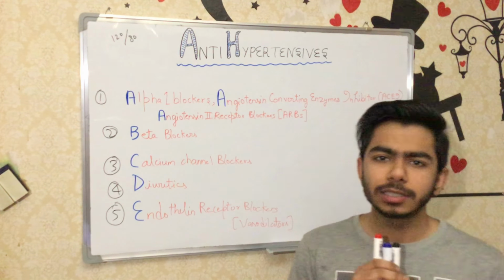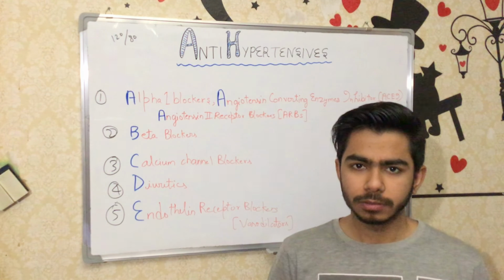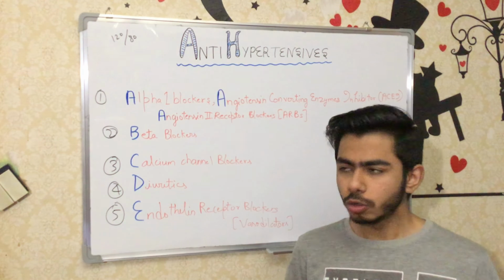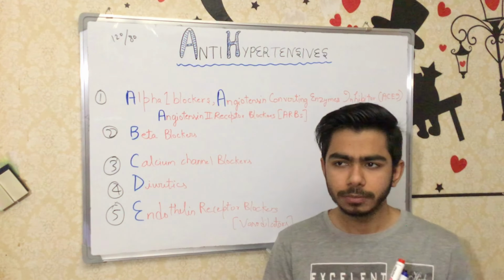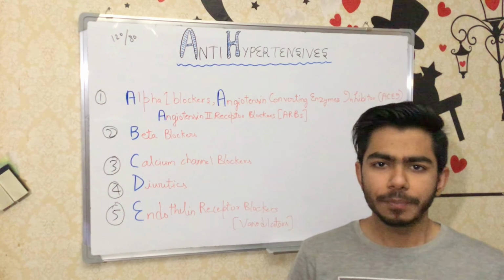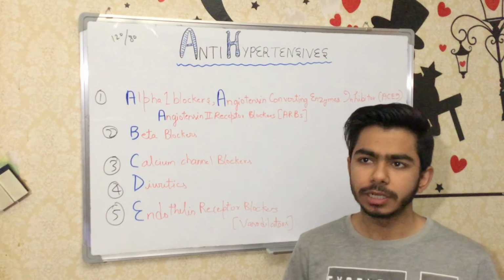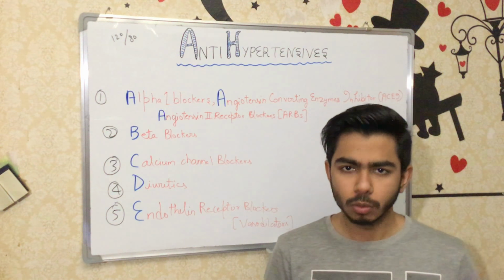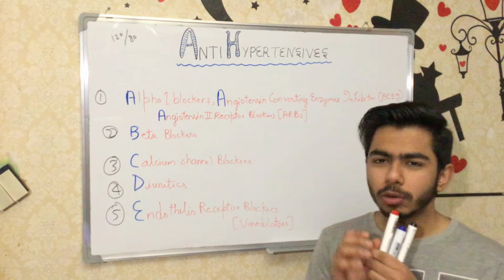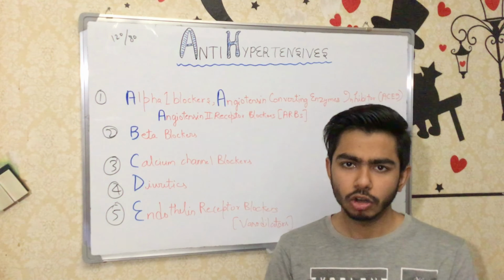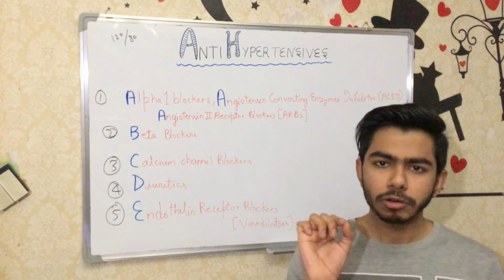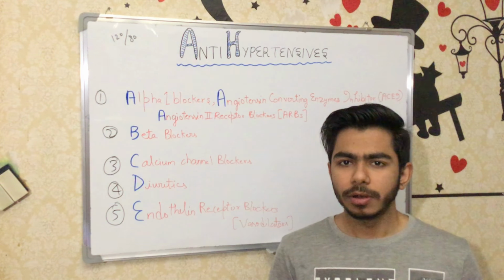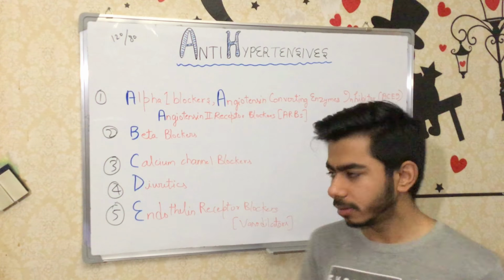These macula densa cells have baroreceptors, which can sense low renal blood flow. For example, if there is low renal blood flow, that means our kidney is not getting proper blood circulation. So the baroreceptors on the macula densa cells in the juxtaglomerular apparatus will sense this low renal blood flow and will start producing renin.